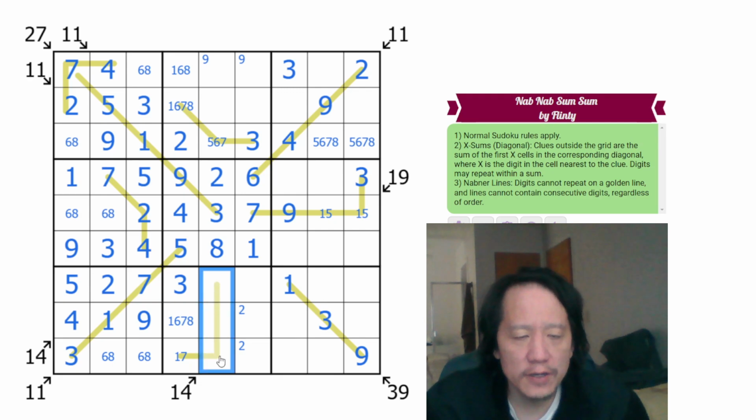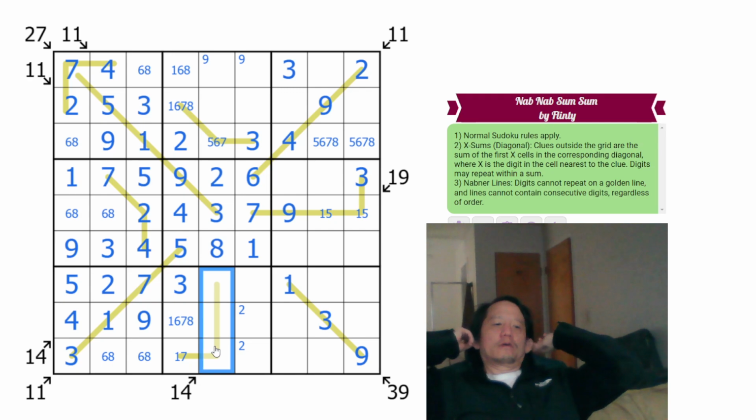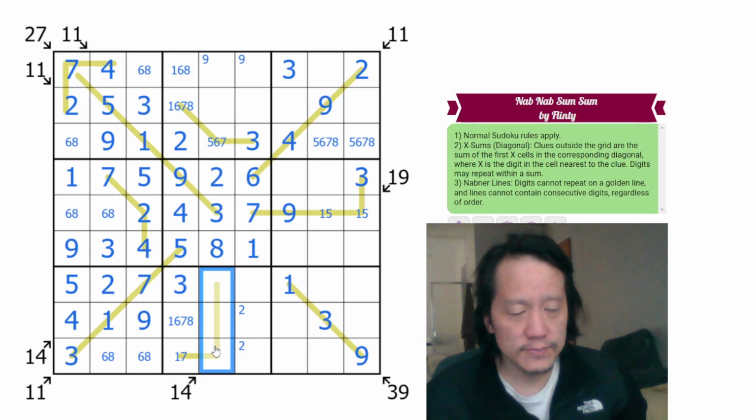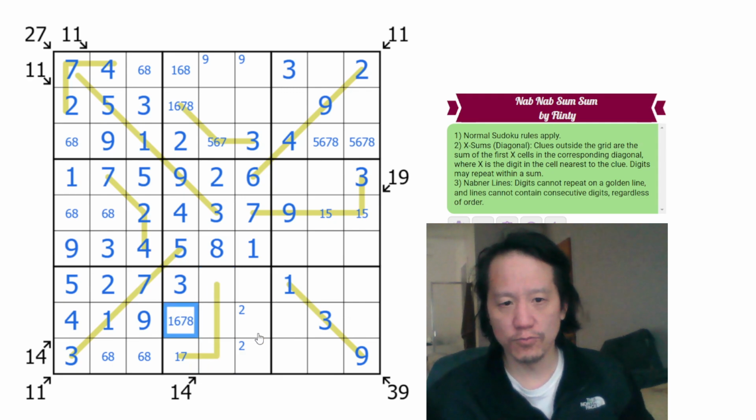This one cannot have a 2 or a 3 or an 8. Oh, this can't be 1.